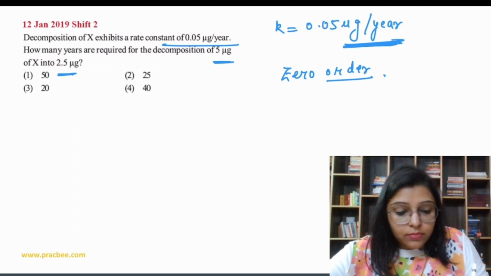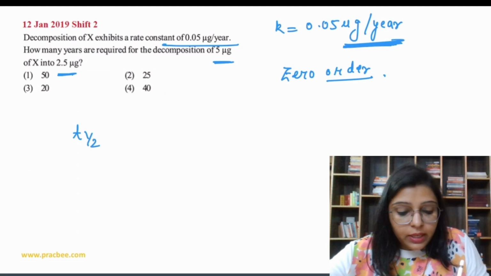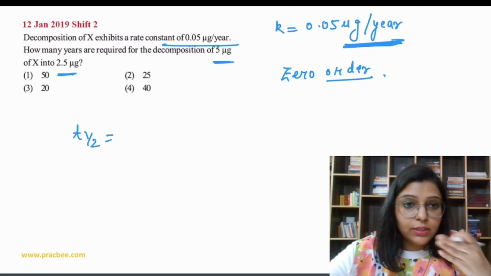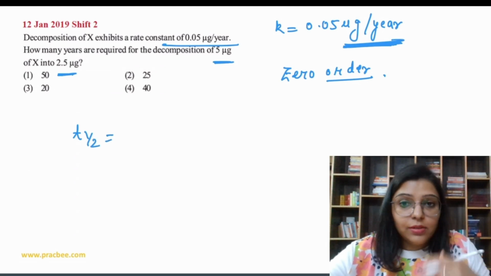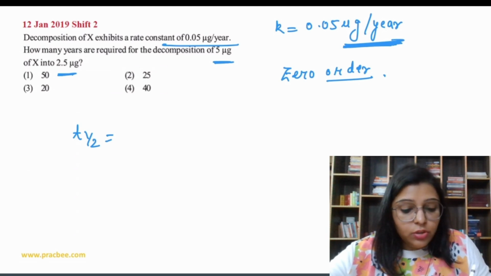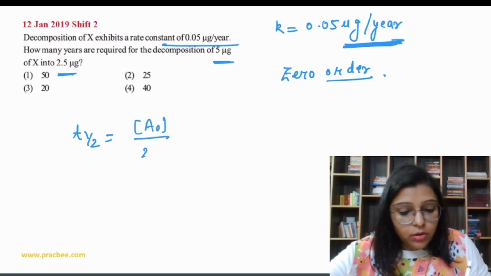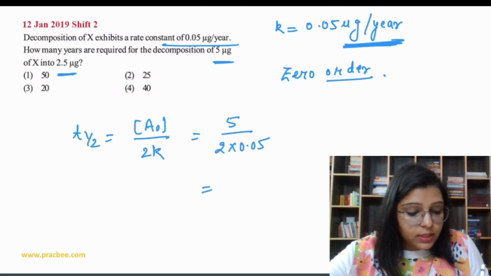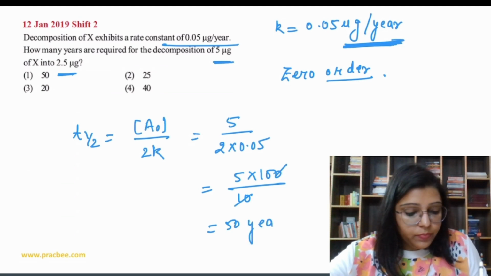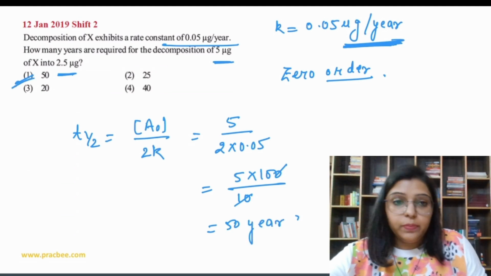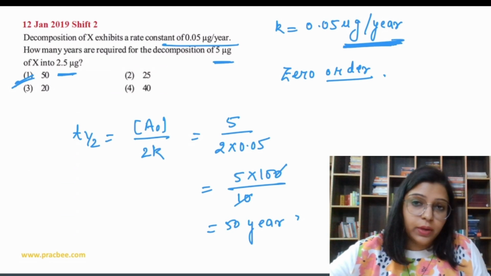It means we have to calculate T half, because the mass is reduced to half. So T half for a zero order reaction is what? A naught upon 2K. So initial 5 and K is 2 into 0.05. So we can say 5 into 100 upon 10. On solving this, we get 50 here. So the answer is 1.